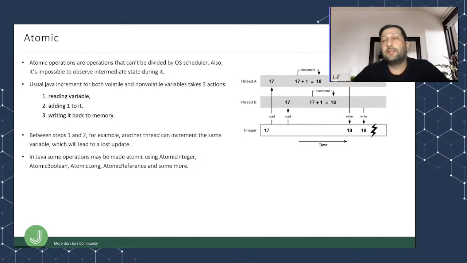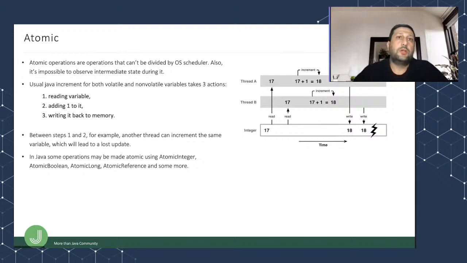To fix this kind of error, we can use atomic integer, atomic operations. In Java, we can use AtomicInteger, AtomicBoolean, AtomicLong, and AtomicReference. To make a variable atomic, we can use these atomic variables.